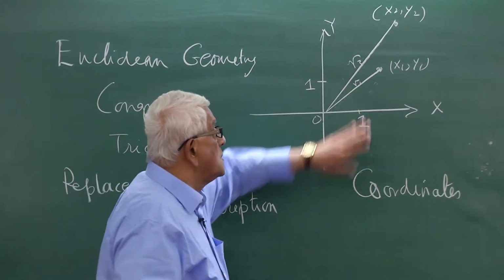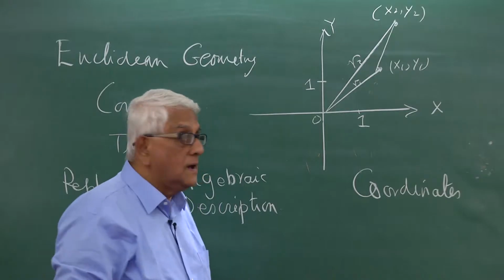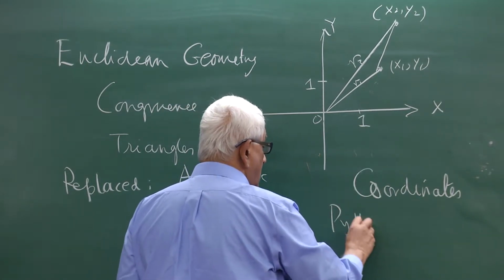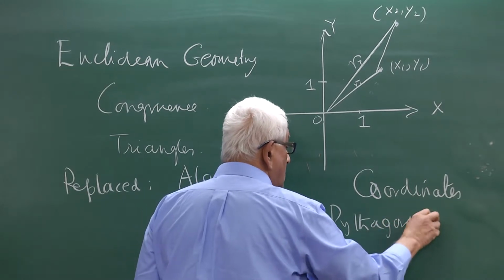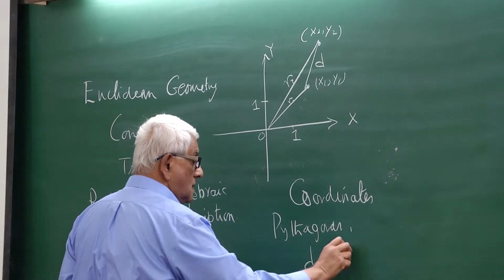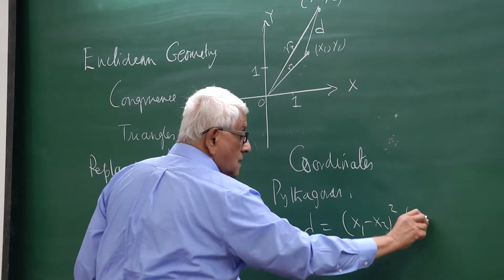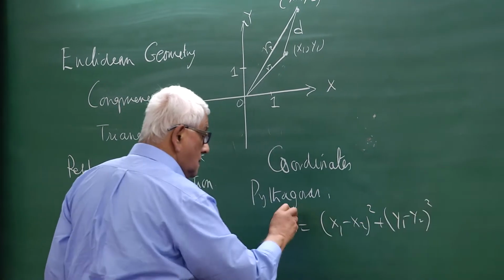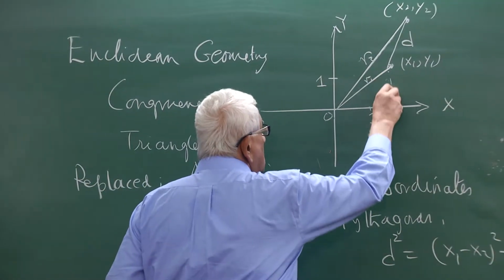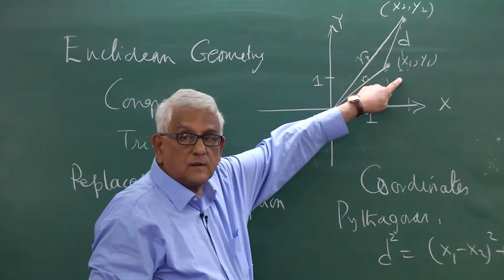For example, if we wanted to work out the distance between this and this, then what we could do is use Pythagoras' theorem, and what we could show is this distance d, the square of the distance in this way. It is easy to prove this by joining these things and looking at this little right angle triangle.